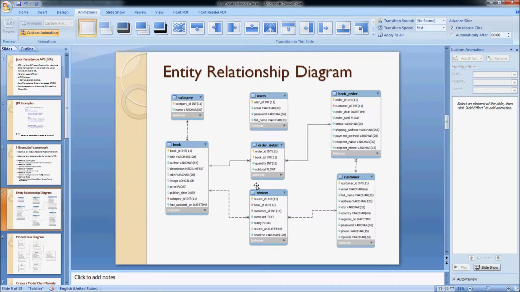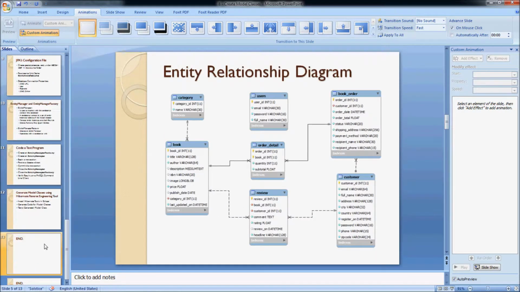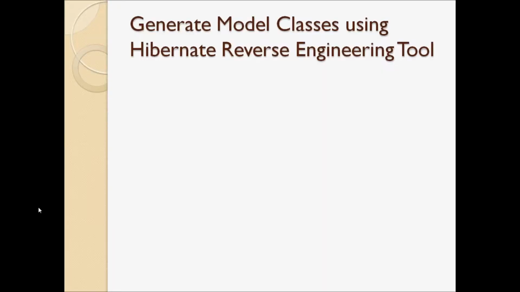This would be a repetitive and time-consuming task, so we will use Hibernate Reverse Engineering. We will use the Hibernate Reverse Engineering tool feature to generate code for the remaining model classes.